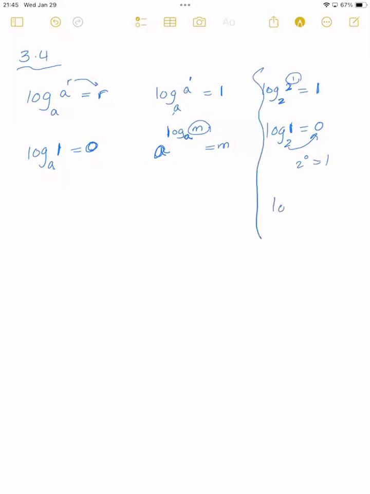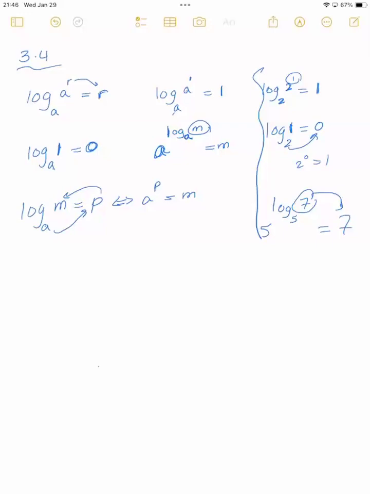So for instance, if I have 5, and then 5 has the exponent of log base 5 of 7, the answer will be 7. So this 7 is going to be here. Remember the definition. If we have a log base a of m is equal to p, then we can write this as a to the power p is equal to that argument m, right? We can go back and forth between the two.